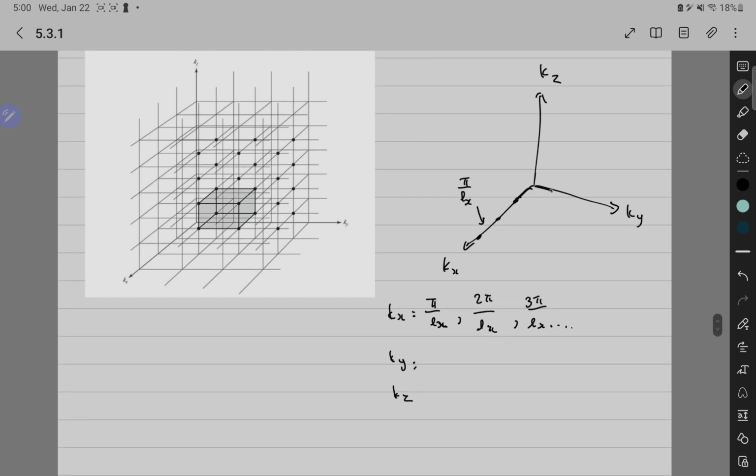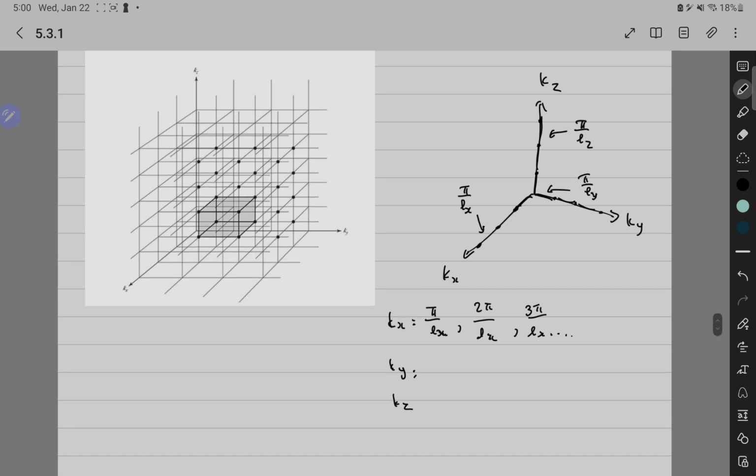You expand the same way on each axis and draw the grid, each with a length of pi over L. For example, for z it will be pi over Lz, and for y it will be pi over Ly.